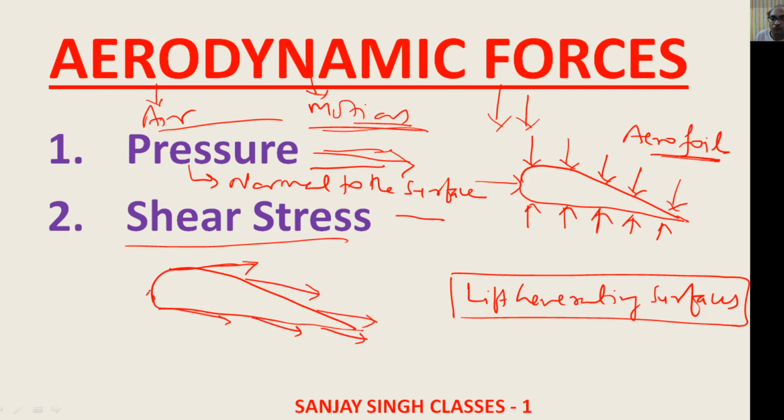So these two types of forces are exerted on an object, or we can say that the object which is in motion is being subjected to two types of forces: the pressure force, whose distribution is normal to the surface, and shear stress, which is tangential to the surface. So these two types of forces are acting on a body. Right.